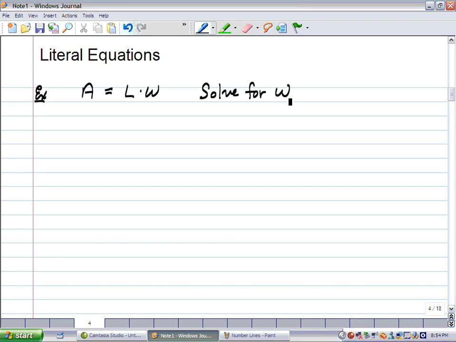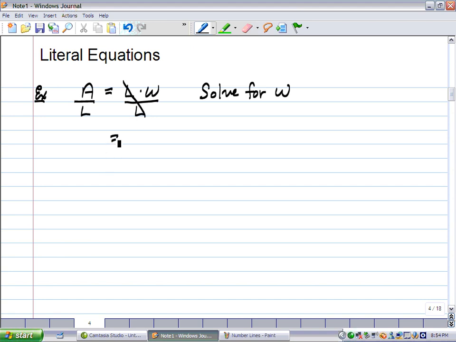In other words, we want W to be alone. So how are we going to get W alone? Well, we're going to treat the A and the L just like they were numbers. So we're going to solve this the same way we solved the ones that had numbers in them. We have L multiplied by W, so in order to get W alone, we would have to get rid of the L by dividing. If we divide on the right side of the equation, we have to divide on the left side of the equation.